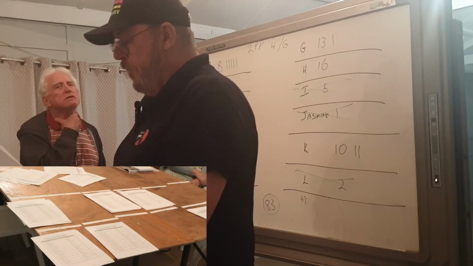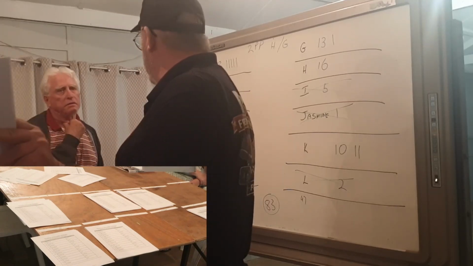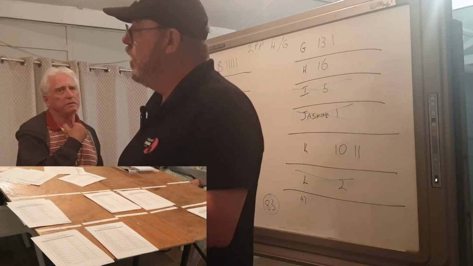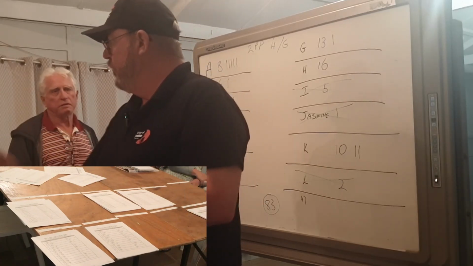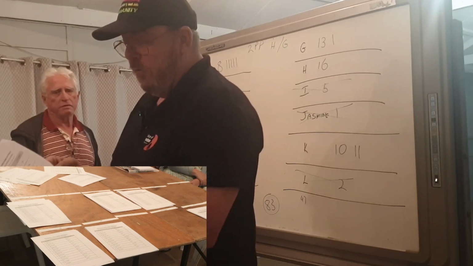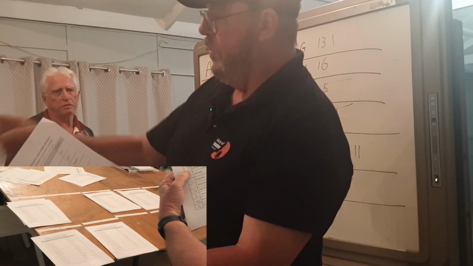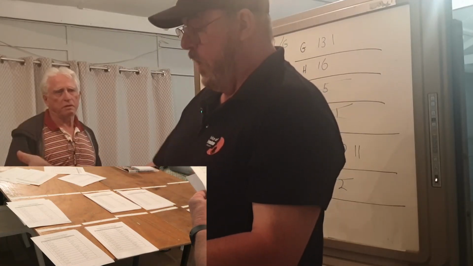Now, the first number on here says number 1 is party E. But of course, we now know we've shifted preferences, haven't we? And party E is out of the table, so it doesn't count. That's a good example, actually. So we're going to move to preference number 2. Jasmine Reed, gone.